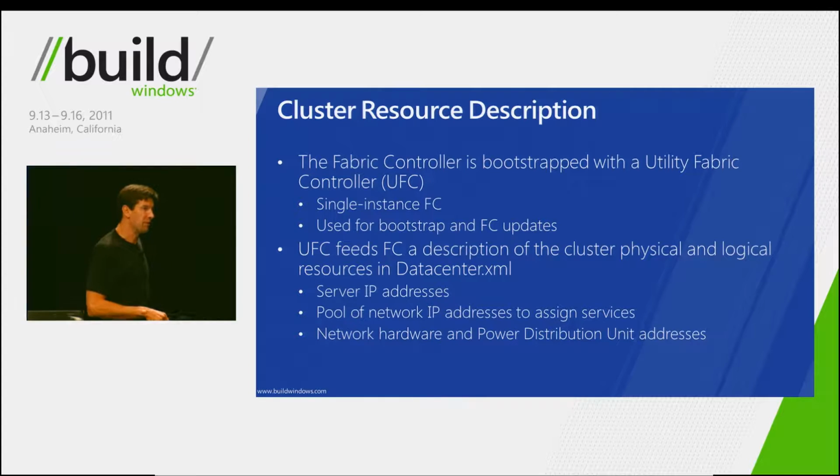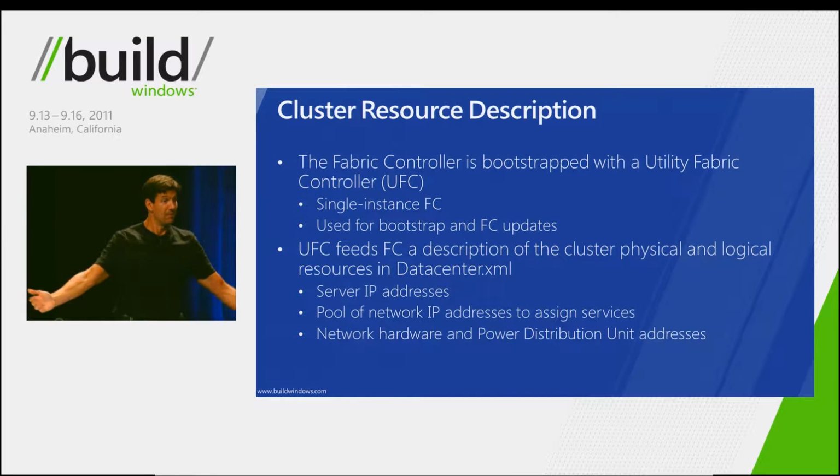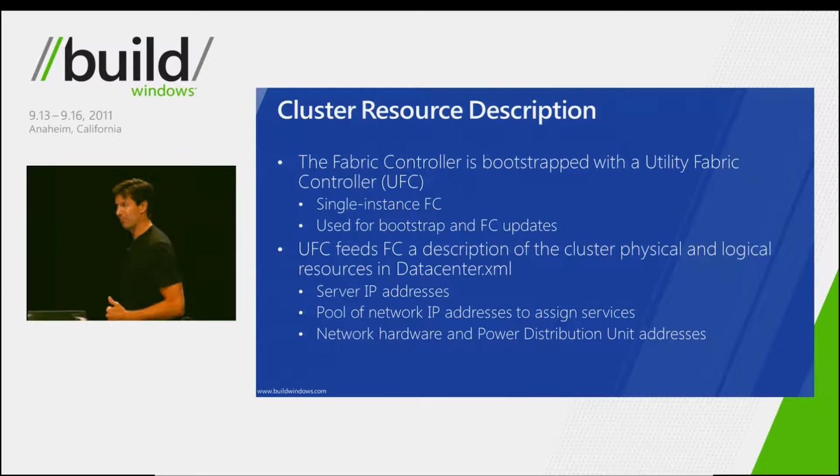Now, the way that we bootstrap a Fabric controller is we've got something called the utility Fabric controller. It turns out that the Fabric controller itself is a Windows Azure service. There's another instance of it, kind of the parent root instance, that knows how to start up other Fabric controllers. So when we provision a cluster, this utility Fabric controller knows how to start up this new Fabric instance, another Windows Azure service.